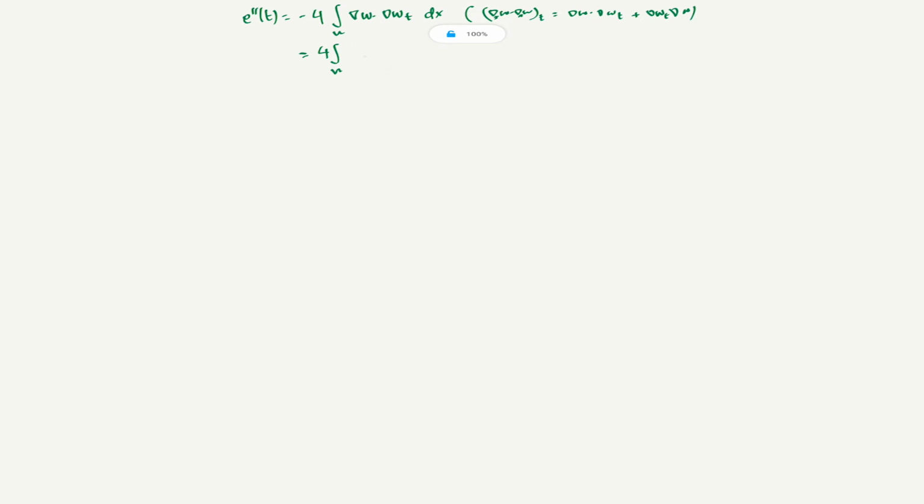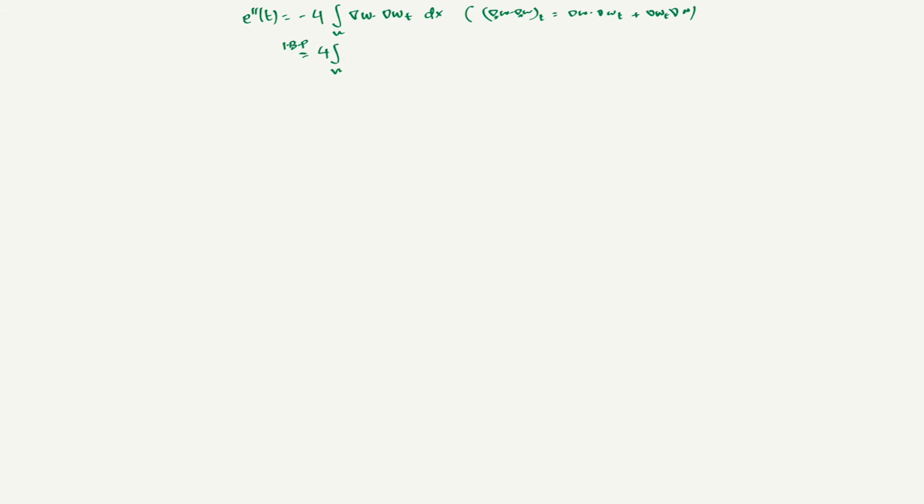Laplacian of w, w_t. We can't change w_t. We know what Laplacian of w is, or do we? No, I won't change it here. I will do an integration by parts here and push this derivative over.